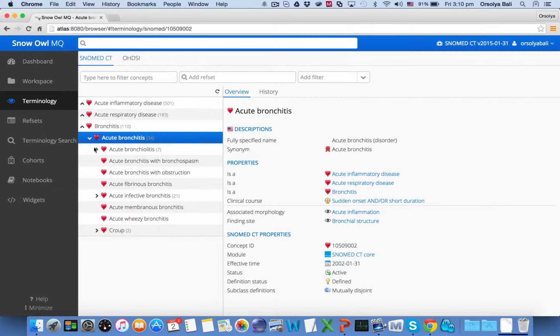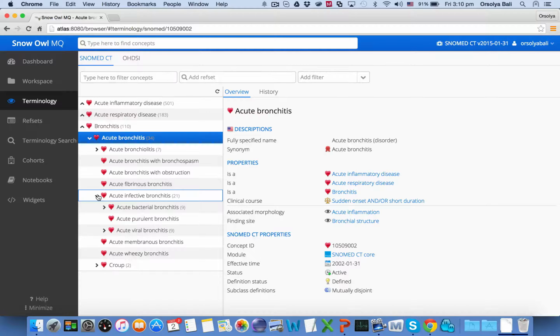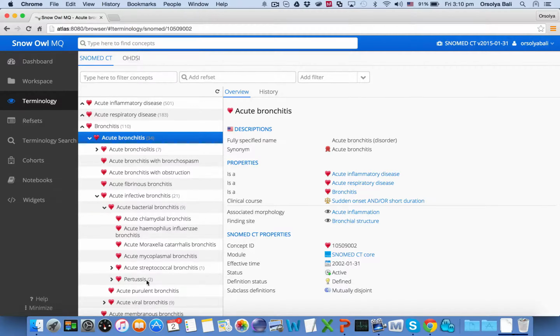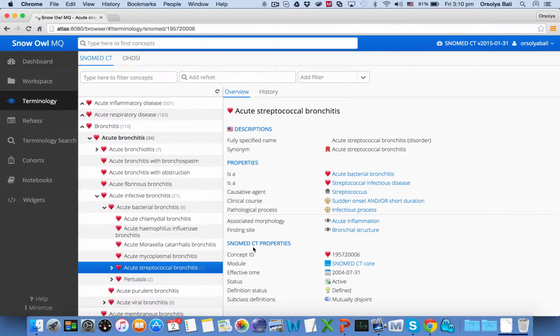Let's take a look at this hierarchy again. So this is a multi-axial categorization of concepts. Right now we're looking at acute bronchitis, but it's possible that a clinician has more information on that concept. So for example, a clinician knows that it is an infective bronchitis. Moreover, it is a bacterial infection and it is caused by Streptococcus.